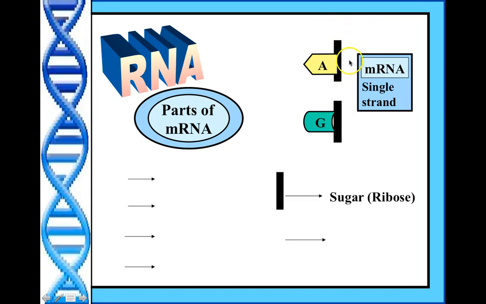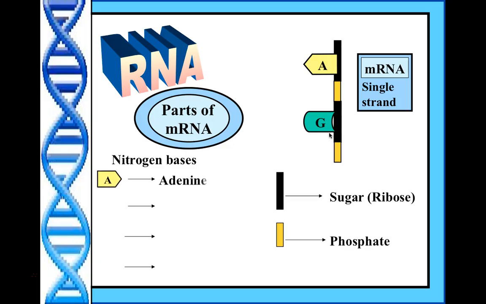So we have our phosphate, we have our sugar, and we have our base. So the nucleotide is still set up the exact same way. The only difference is it's a different sugar. So we have our connected phosphates making up our sugar phosphate backbone. Again, these are all still held together by covalent bonds. Okay, none of that has changed either.